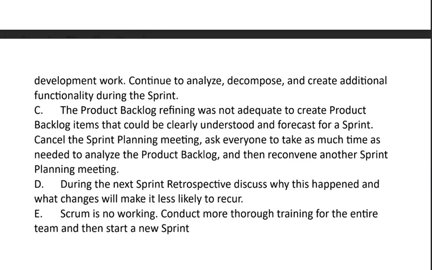Option D, during the next sprint retrospective, discuss why this happened and what changes will make it less likely to occur. Option E, Scrum is not working. Conduct more thorough training for the entire team and then start a new sprint.